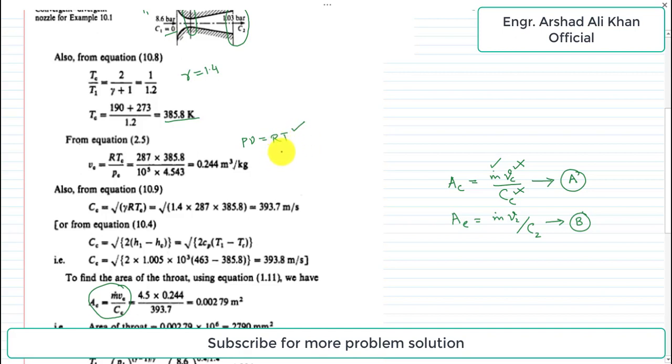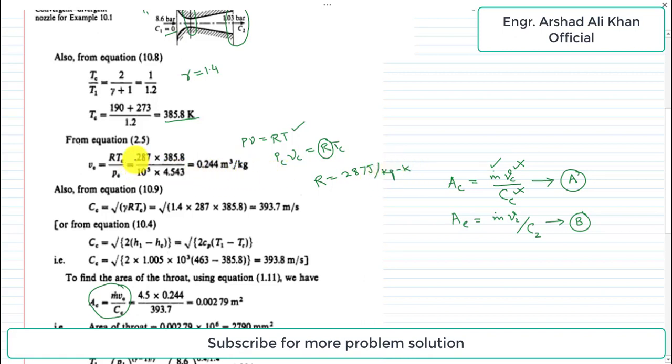So we can also write it for the throat area, that PC VC is equal to R TC. In this expression, R is the particular gas constant, R specific gas constant, and its value for air is 287 joule per kilogram per Kelvin.